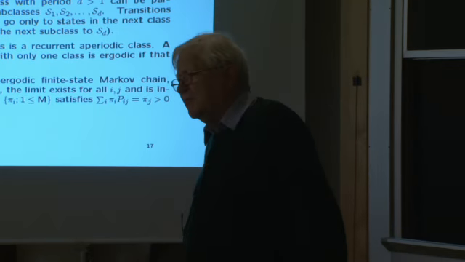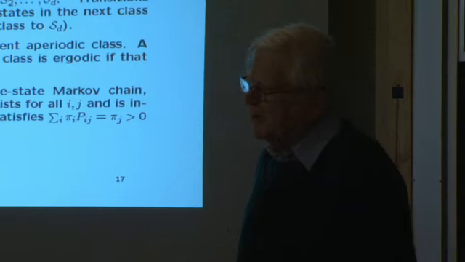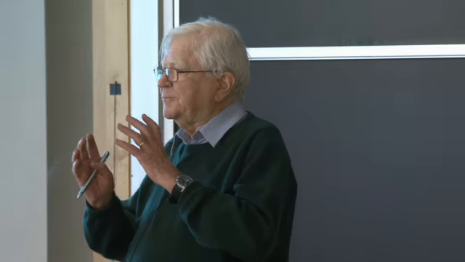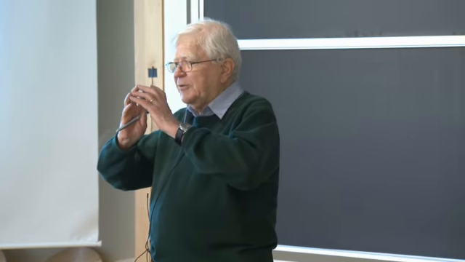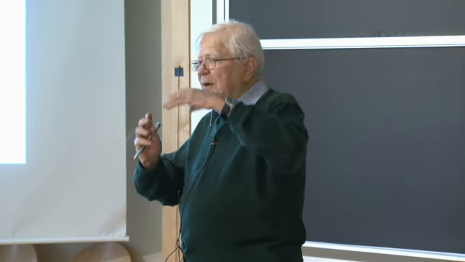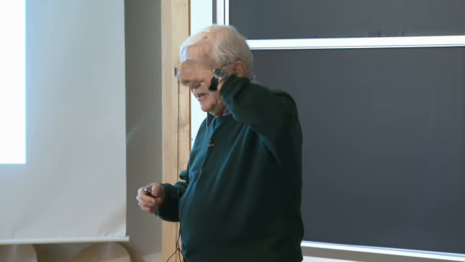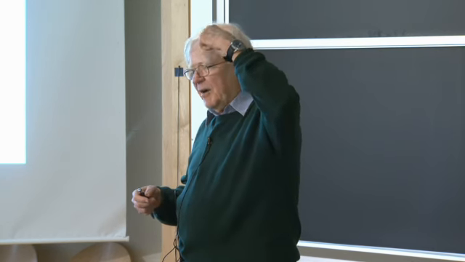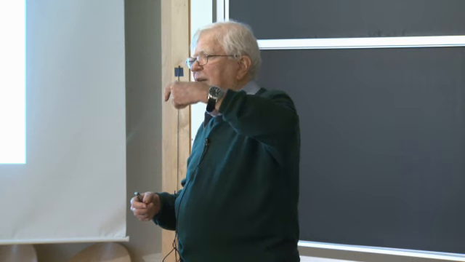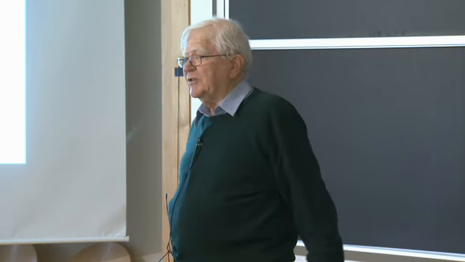you have steady state probabilities. If you have these d subclasses, then you wind up with a steady state within each subclass. If you assign a probability of the probability in the subclass divided by d, then you get what is a steady state probability.